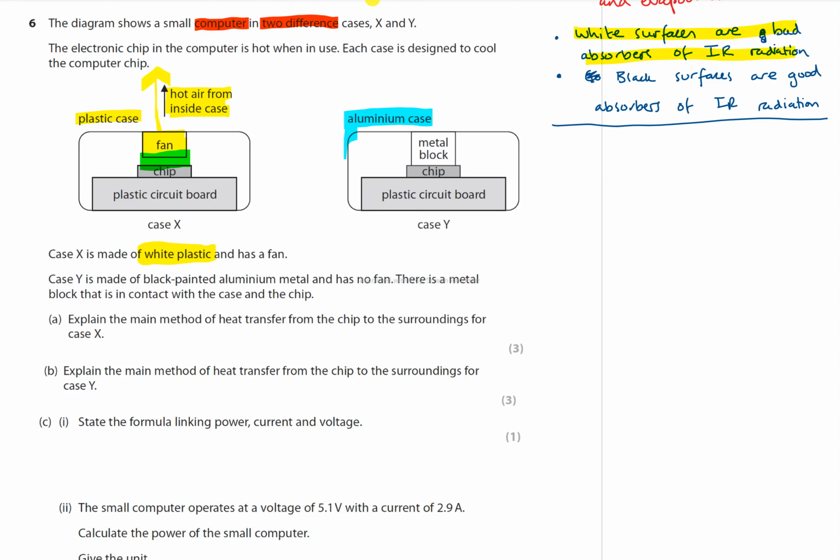So metal, we can also write here: metals are good conductors of heat.